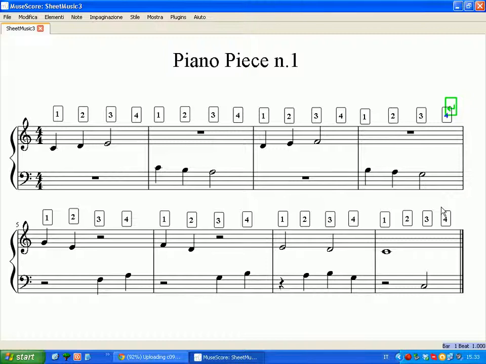So how can we do this? How can we sing these notes without considering the pitch? We only have to emit a generic sound in correspondence of each note, and this generic sound will be, let's call it a ta, which will be something like ta.